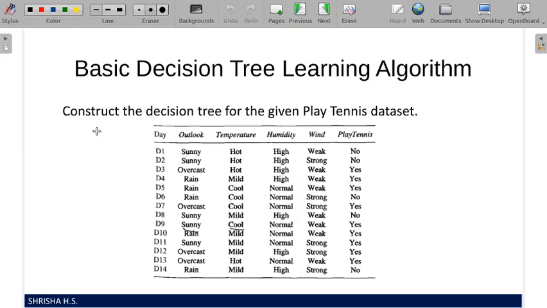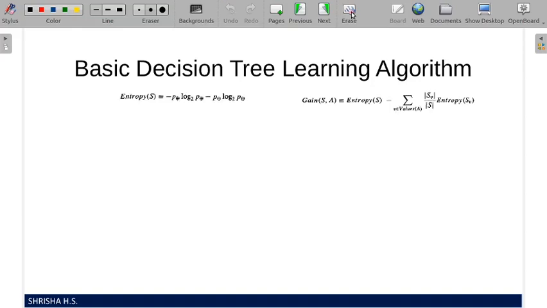Now, outlook equal to sunny, with respect to temperature and humidity we have done. The last remaining is wind. So outlook equal to sunny and wind. We have to calculate what the values are for wind.